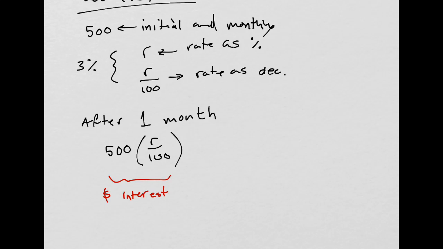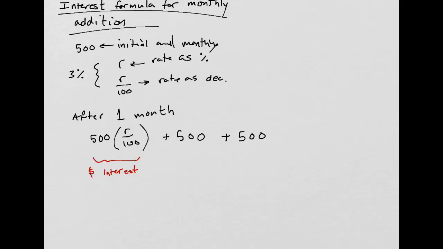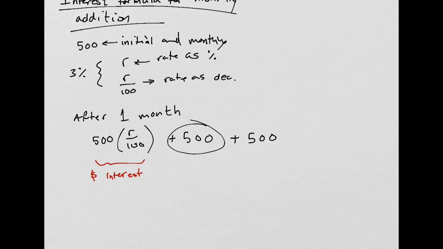But I'm not just getting that. I'm getting that plus the initial 500, because I still have that in there. Actually, this is after 1 month, so that's plus another 500, because this is the initial 500, and then this is the monthly 500.